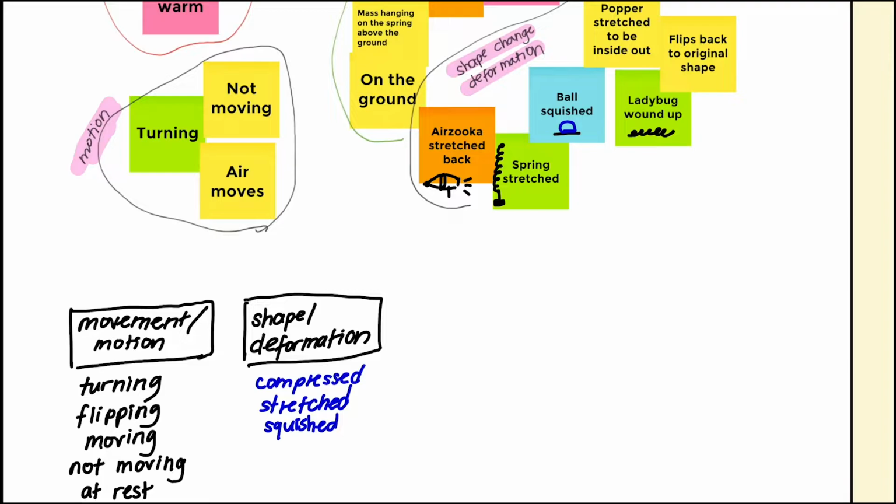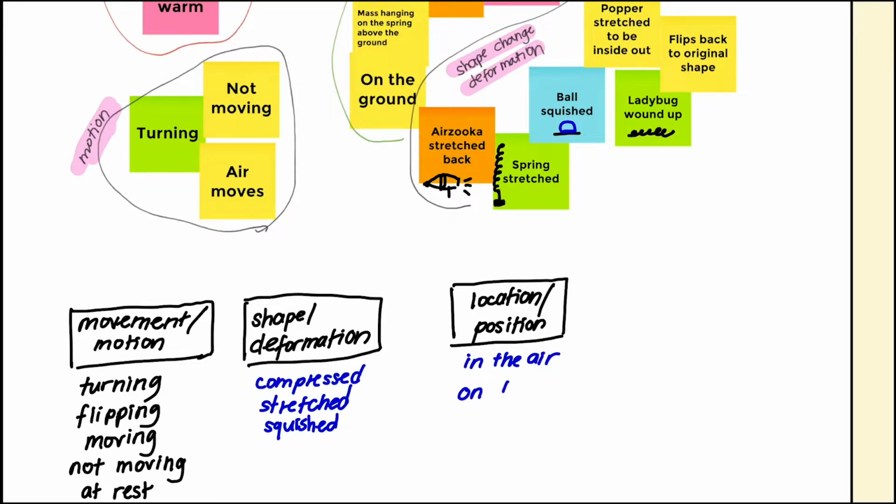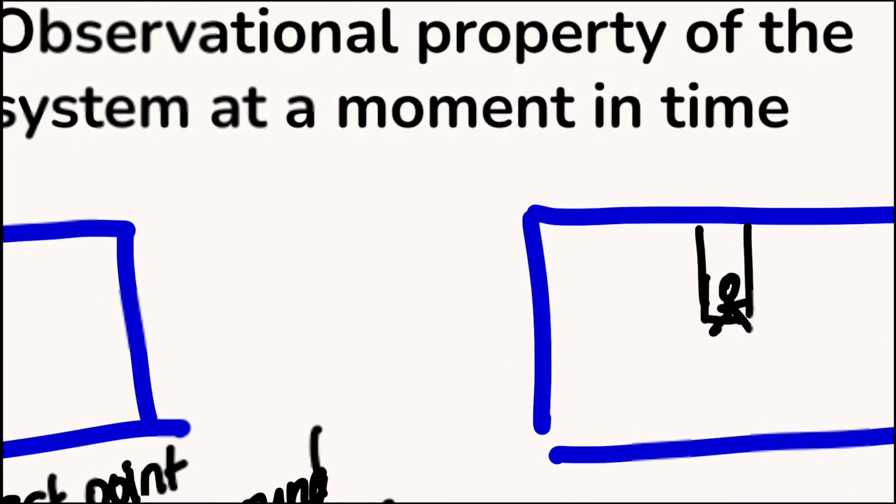All right. So the next one we're going to talk about would be the location or the position of something. So we had in the air and we had on the ground. So we also had things moving across the state diagram, right? So back to our picture of this state diagram.